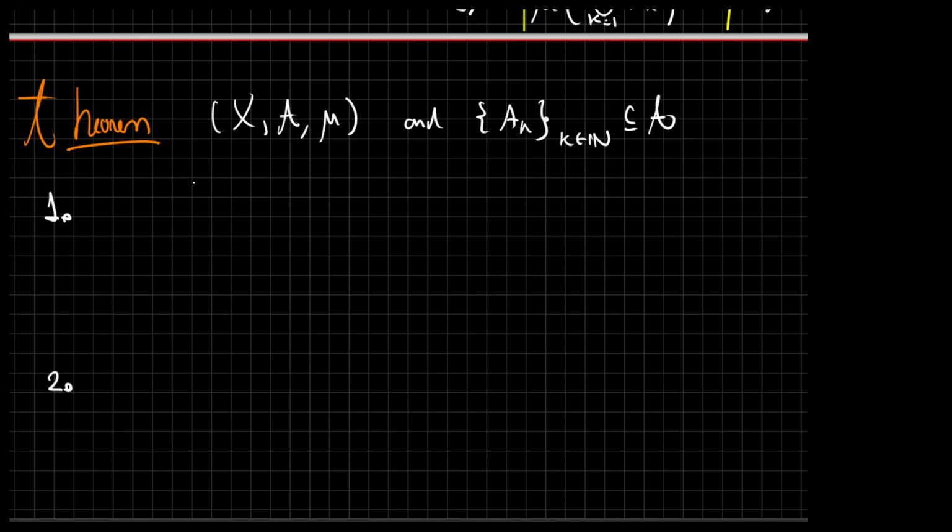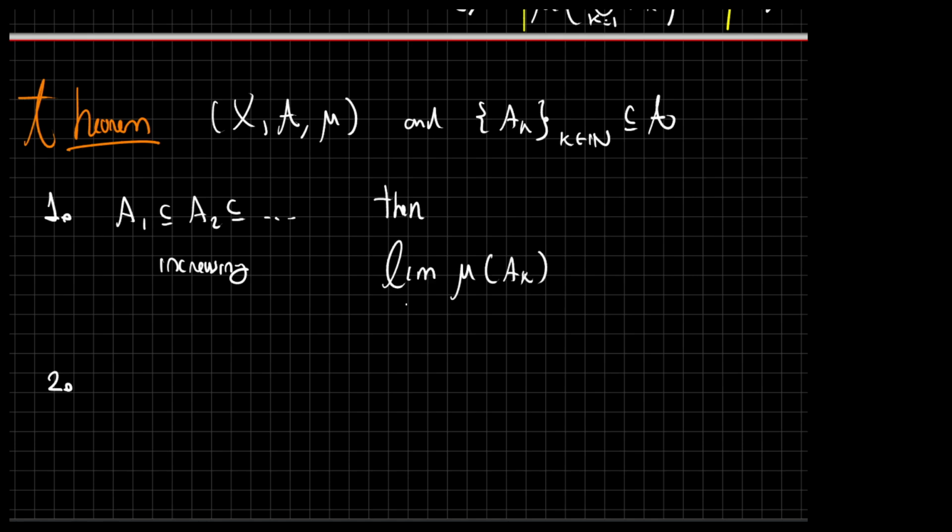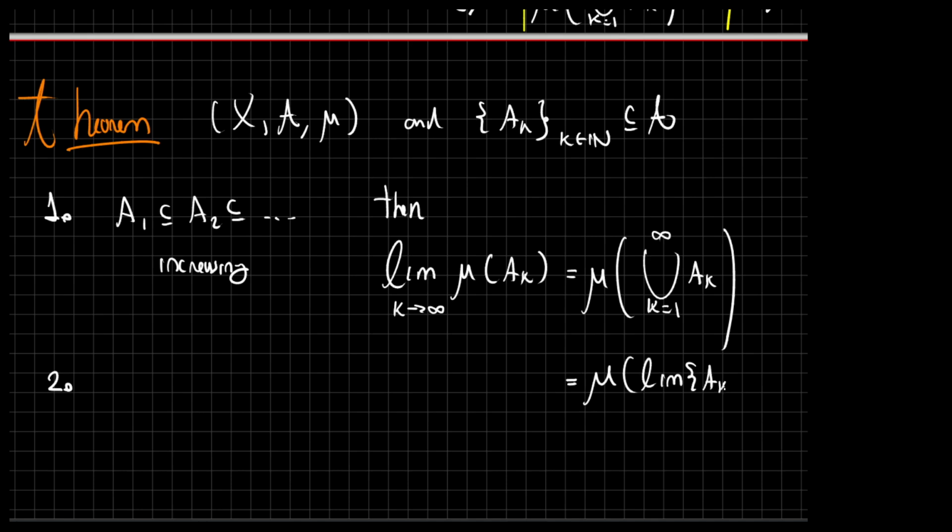The first is that if this family is increasing, then the limit of this sequence when k goes into infinity is equal to the measure of the union here, and this is also equal to the measure of the limit of ak.